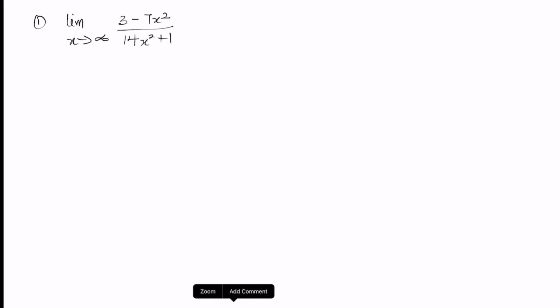So example number 1. You're looking at the limit as x approaches infinity of 3 minus 7x squared divided by 14x squared plus 1. To solve this, we look for the end behavior model. What is the end behavior model? Take your numerator and look for the highest power of x. Take only that, together with the sign attached to it.